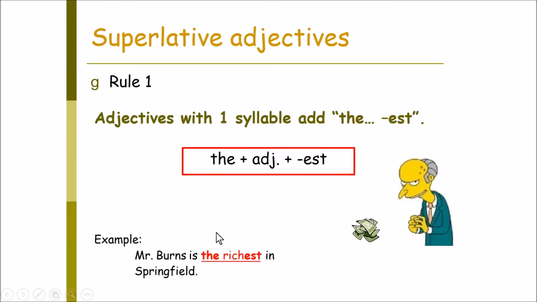Okay, so one example that we have here is Mr. Burns is the richest in Springfield. He's the richest person in Springfield. Yes, he has a lot of money. So you are comparing this person in all the cities in Springfield, that is the group.